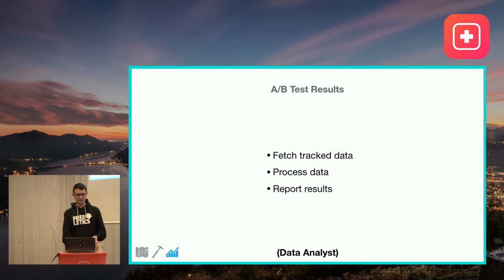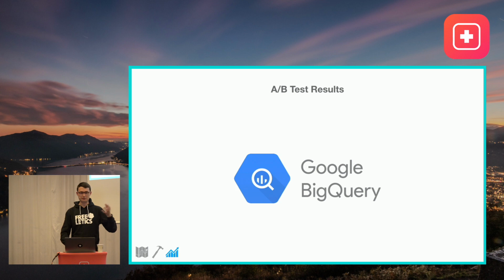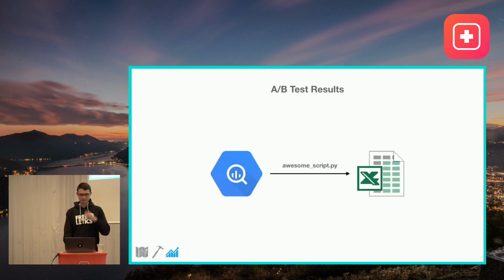For fetching data tracked by Google Analytics, it's pretty obvious to use Google BigQuery. This service allows us to fetch tracked data by SQL requests. Then we have some Python scripts for transforming this data to XLS format.